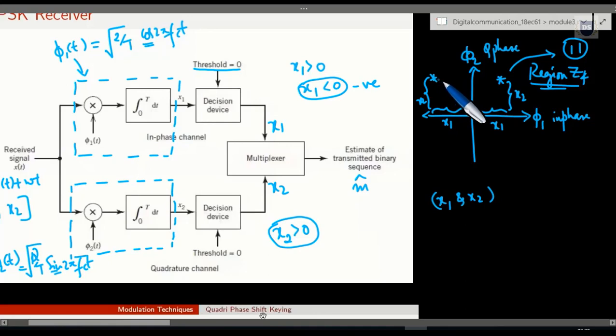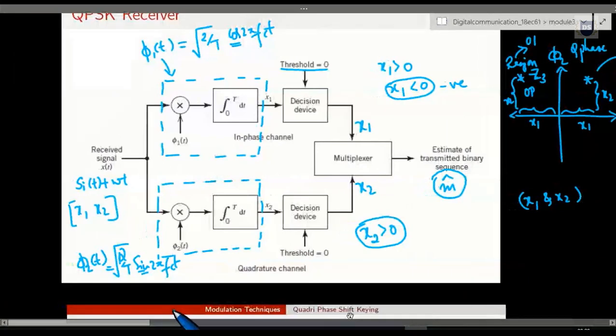Right now this observed point falls in the second quadrant, region Z3, and when the observed point falls in region Z3, we can estimate that symbol 01 has been transmitted. So this is how decoding will be done, and right after decoding, we can estimate what symbol was transmitted. So this is how the QPSK receiver works.